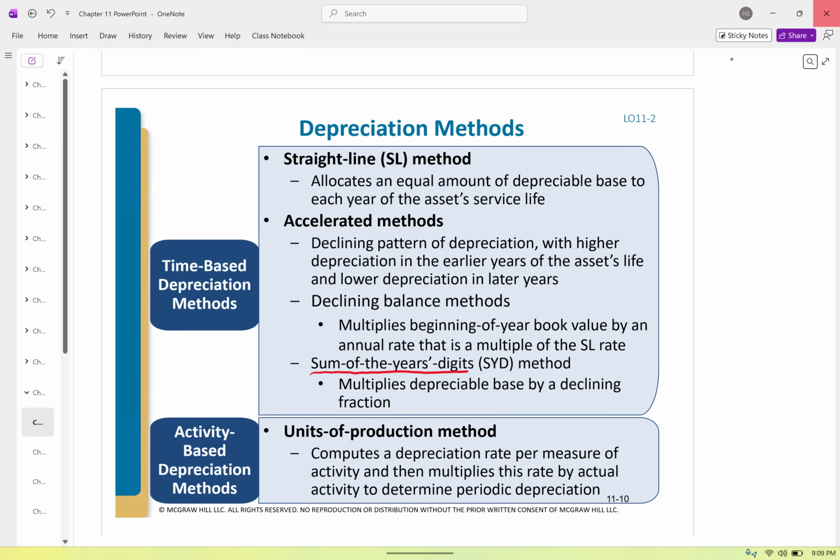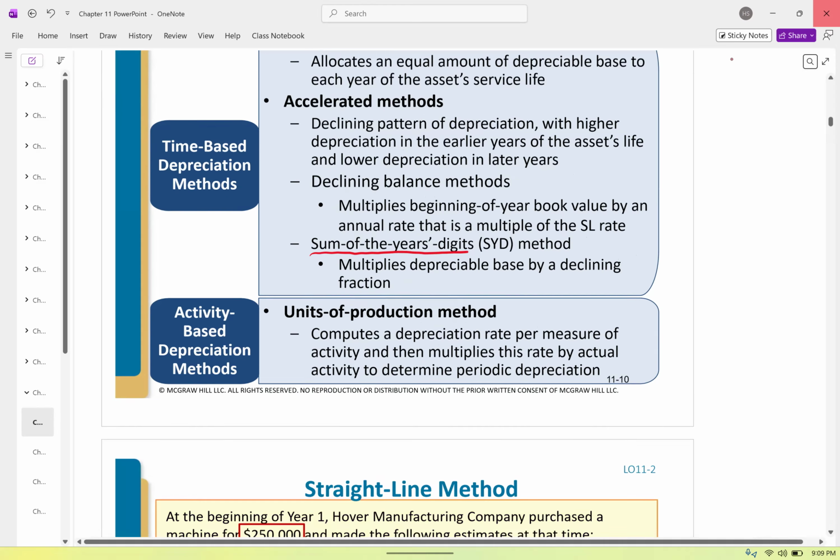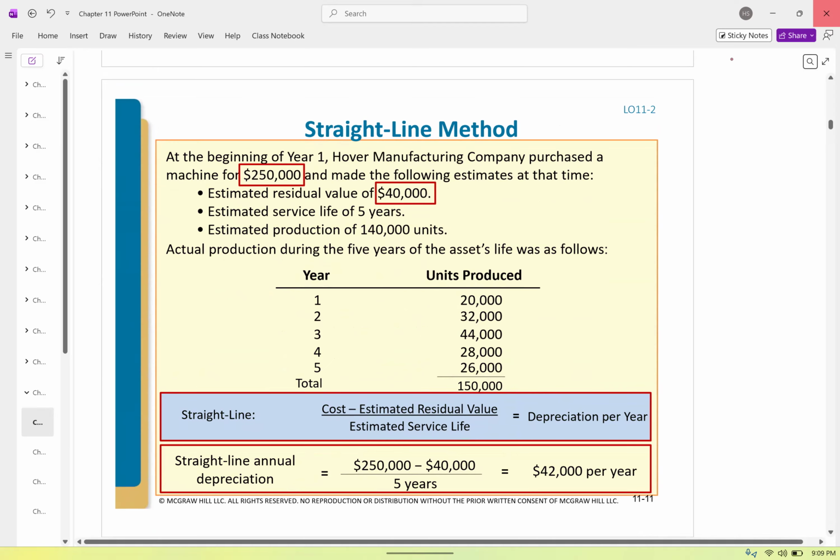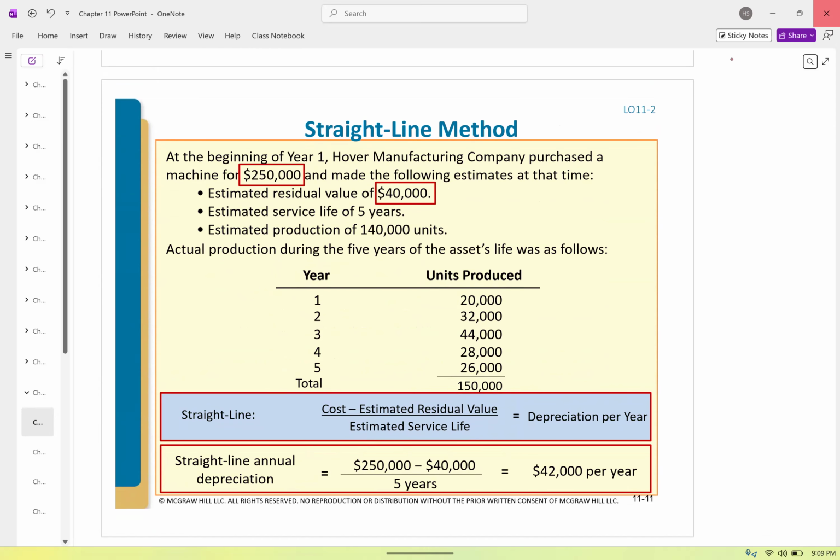Okay. Units of production is going to base the depreciation on the rate of usage. They give us a problem here, and I believe we're going to use the same one for a couple of different methods of depreciation. At the beginning of year one, Hoover Manufacturing Company purchased a machine for 250,000.